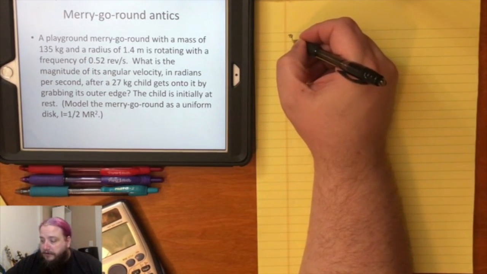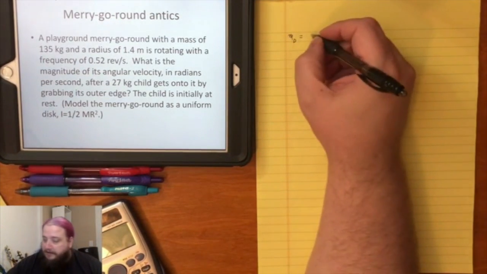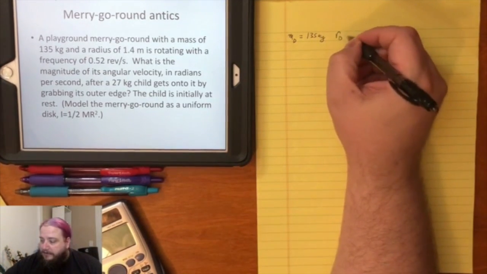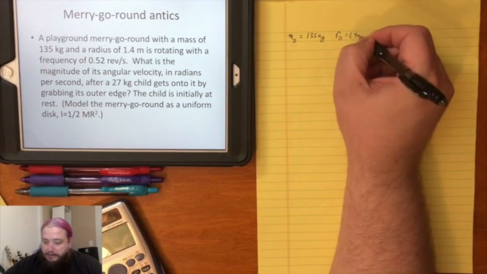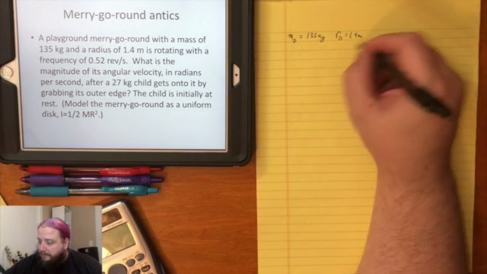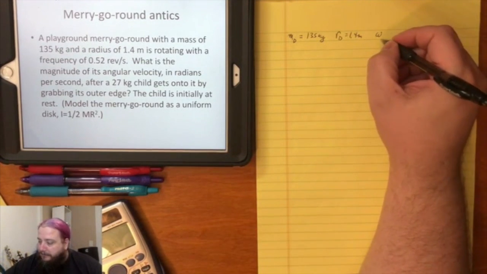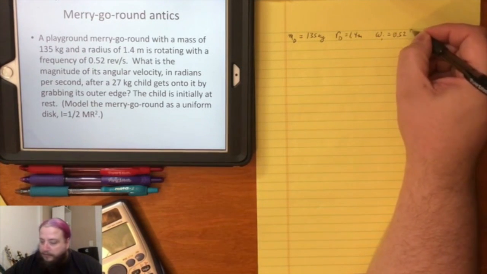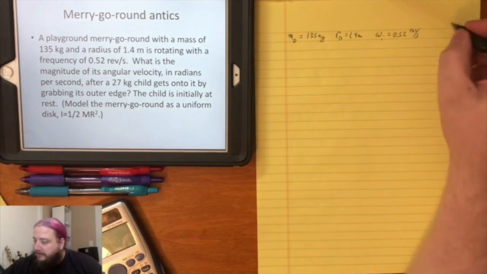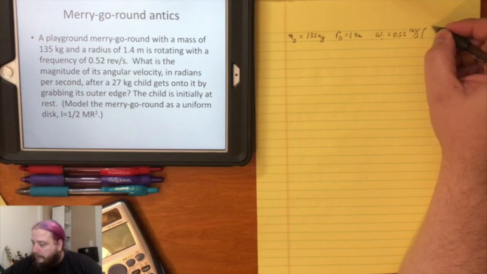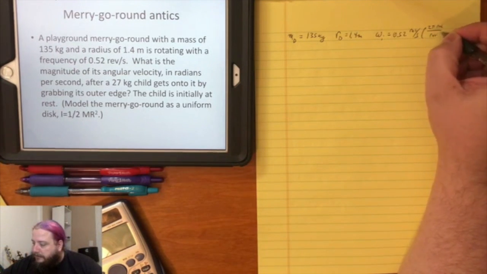The mass of our disk here is 135 kilograms. The radius of our disk here is 1.4 meters. And our initial angular velocity is 0.52 revolutions per second, which we're going to convert using 2 pi radians per revolution.